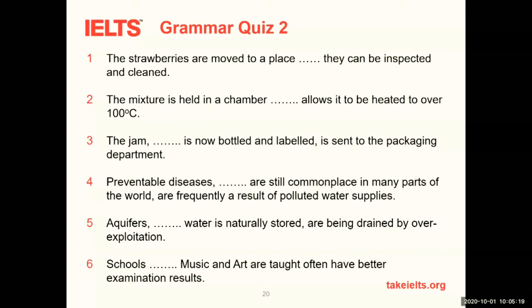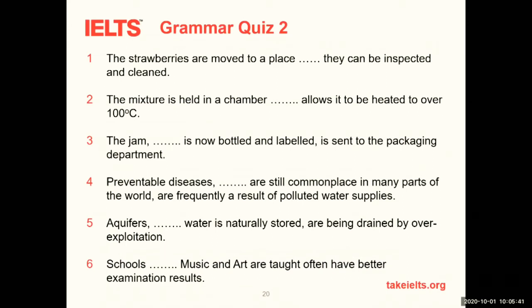Number 3, the question's very simple. Is it where or is it which? Do put in, if you're writing in the chat box, put the number as well so I can see which sentence you're talking about. Okay, that's better. Thank you, Serena. Okay, number 4, same question.